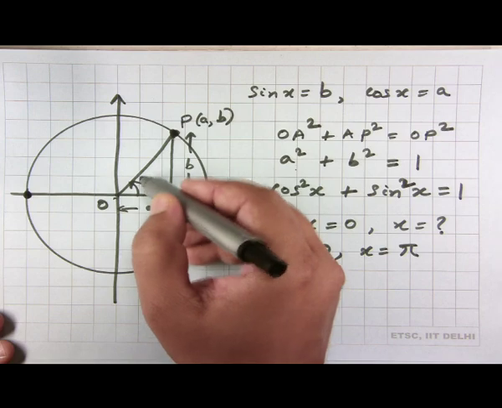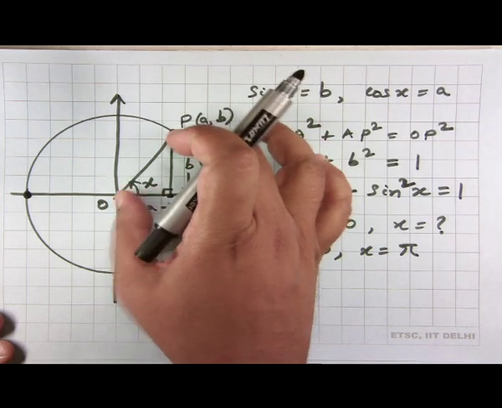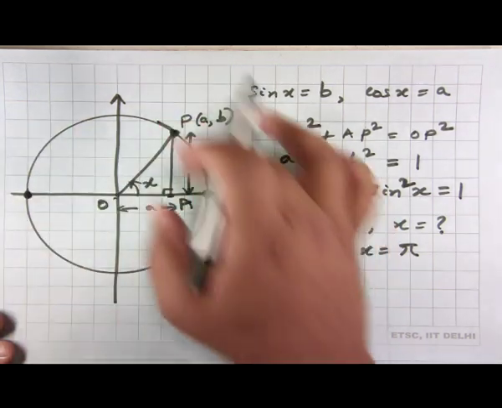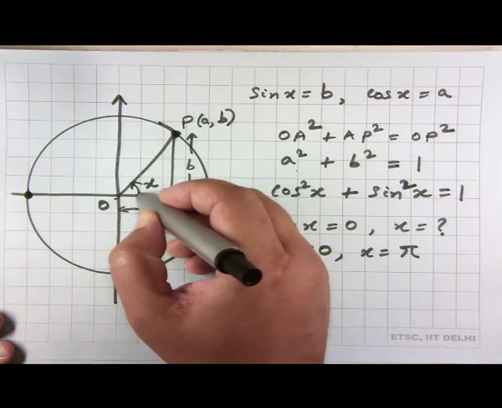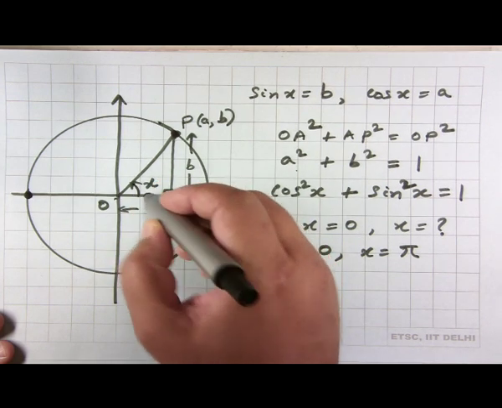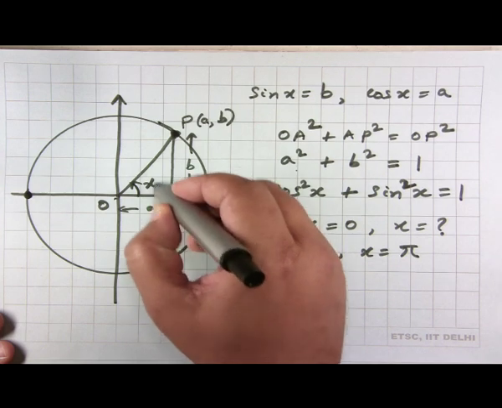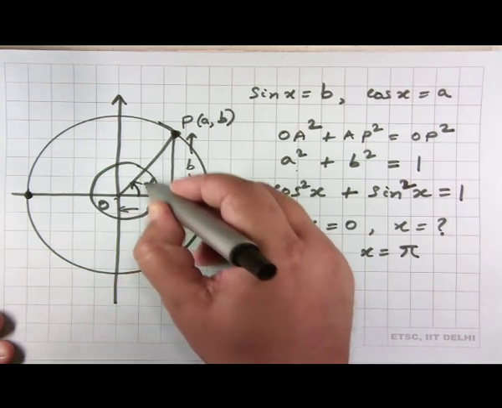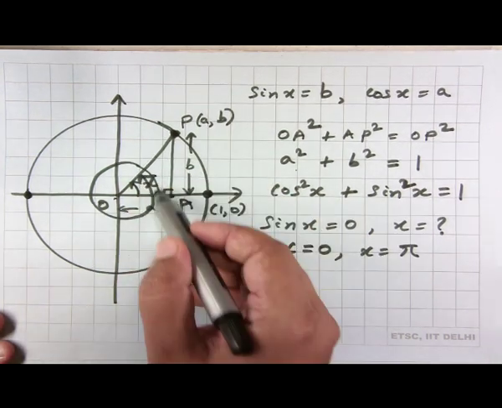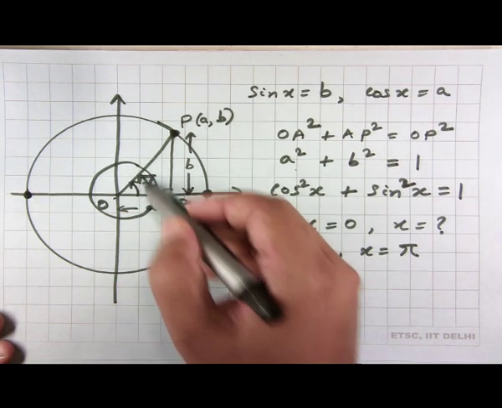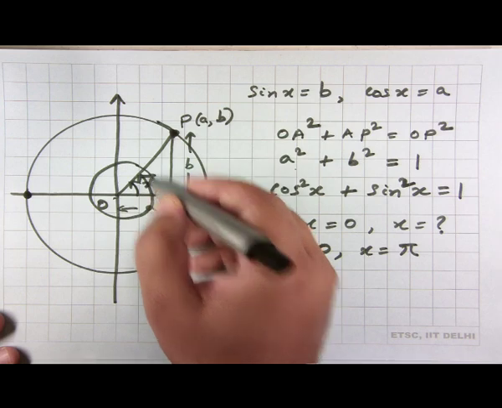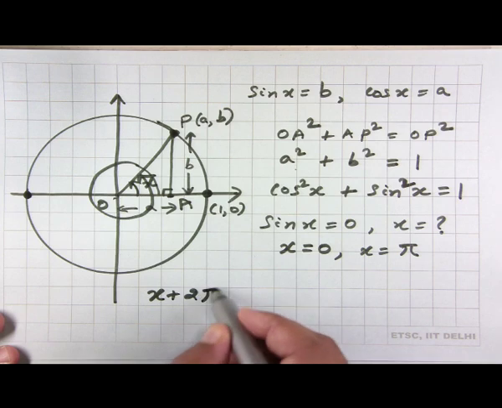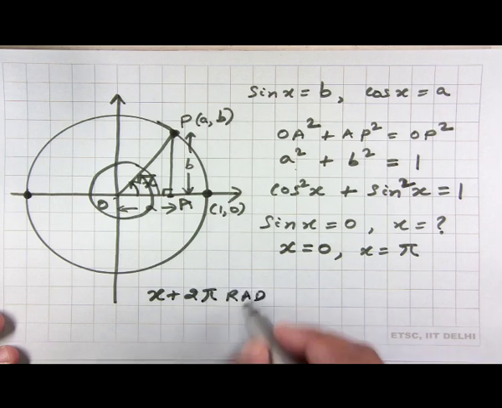Now, if we rotate starting from OP, if we move it in this direction and make one complete rotation, and then another x. So, the angle that we are looking at now is not x, but x plus 2 pi radians, right.